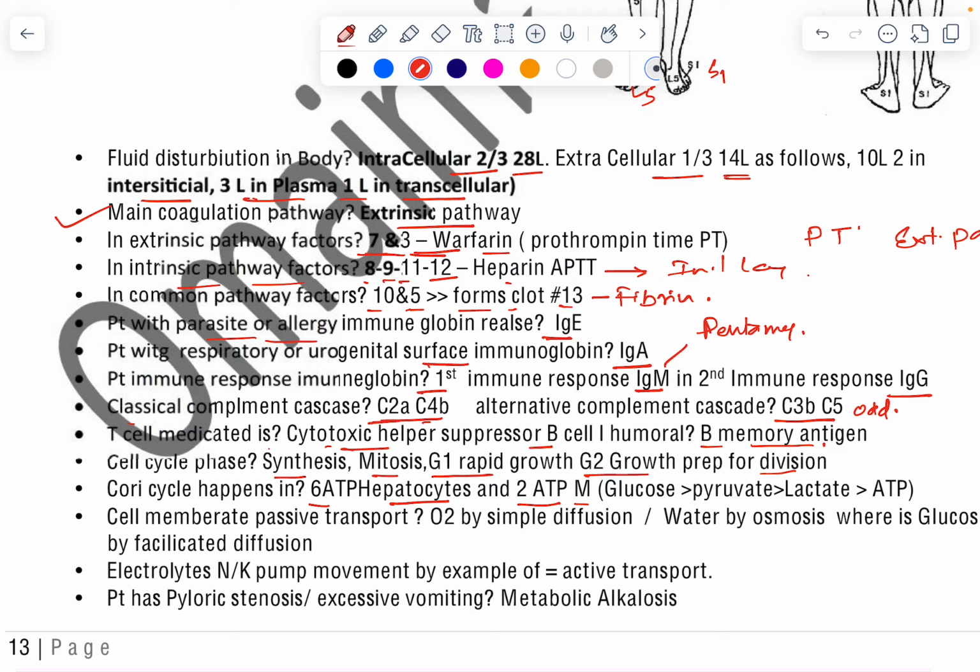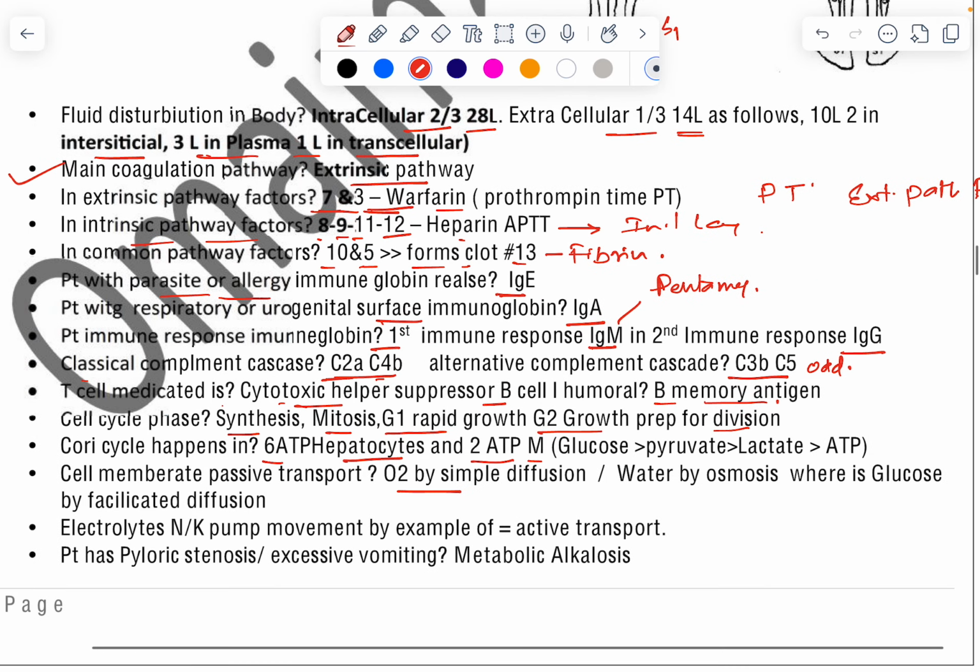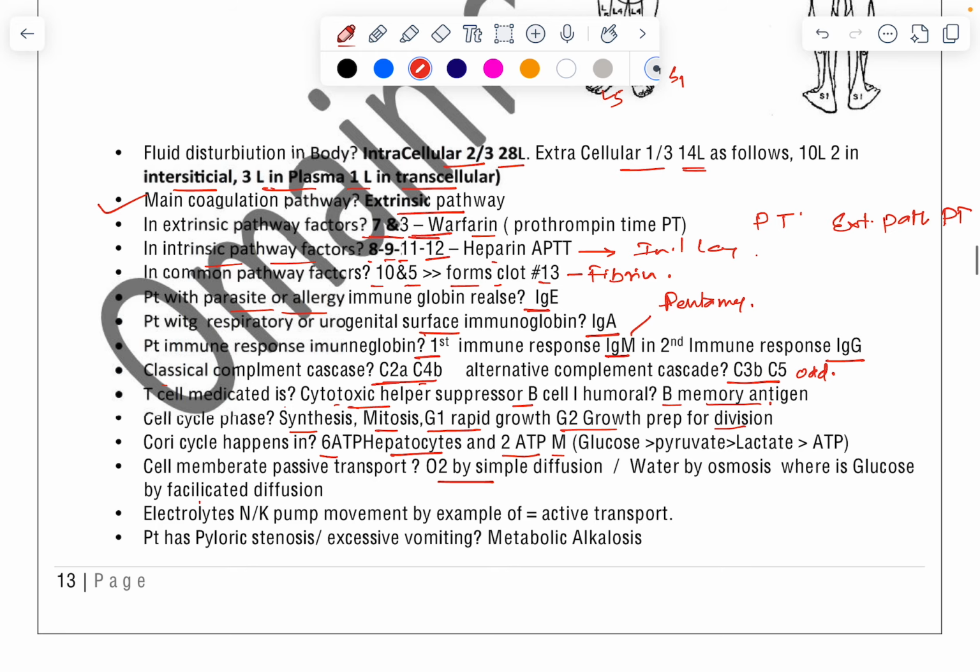Cell membrane passive transport: oxygen by simple diffusion, water by osmosis, glucose by facilitated diffusion. The sodium potassium pump is an example of active transport.